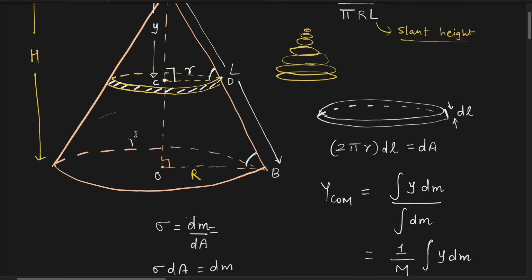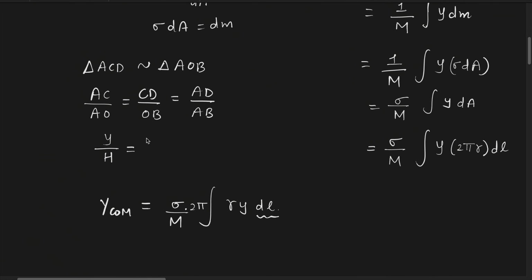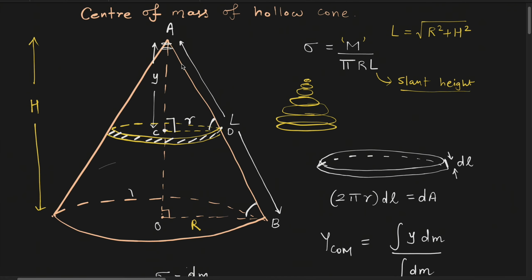CD is small r and OB is capital R, which is equal to AD upon AB. What is AD? AD is, let's say, the length L here, and I'm going to integrate over that.